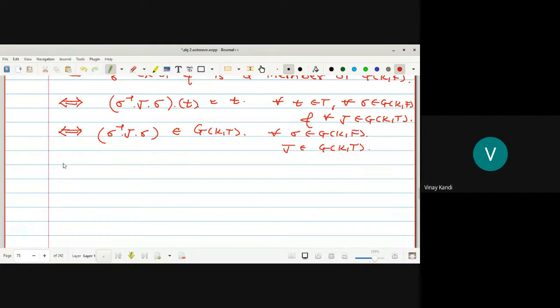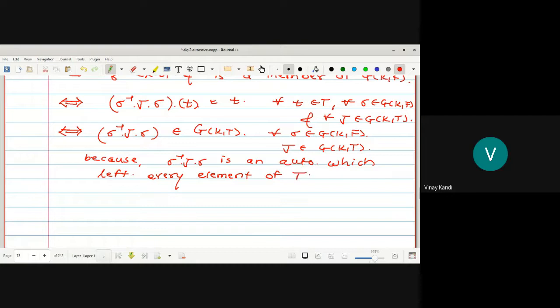Correct. So this implies sigma inverse J sigma belongs to what? G(K/T), because sigma inverse J into sigma is an automorphism which leaves every element of capital T fixed, for all t belongs to T. That means this is an automorphism which leaves every element of capital T fixed.